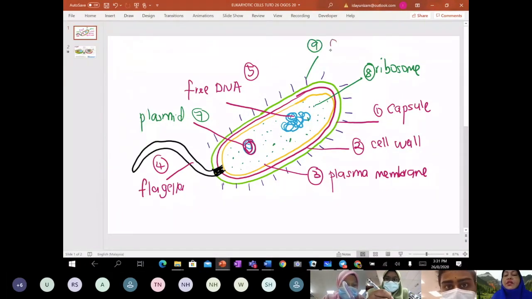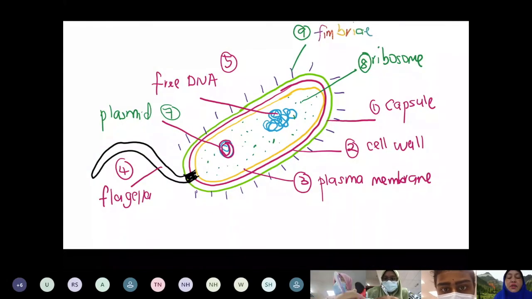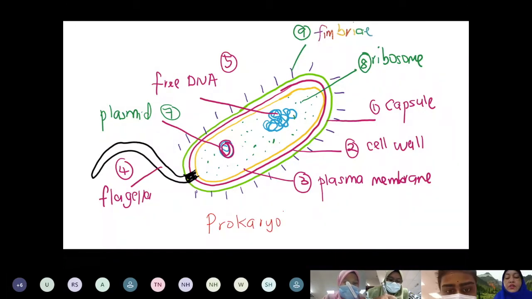So number 9 is fimbriae. So these are all the 9 structures that you must master when we discuss prokaryotic cells.